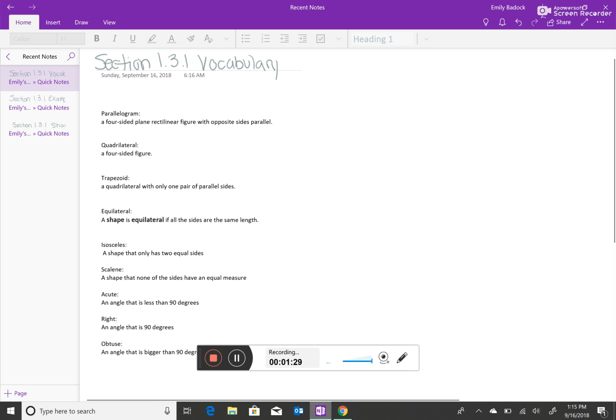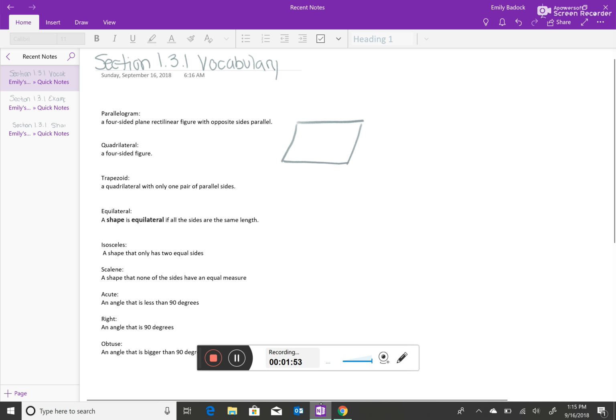A parallelogram is a four-sided plane linear figure with opposite sides parallel. So essentially it's basically a rectangle with opposite sides that are parallel. It doesn't necessarily always have to be a rectangle, but this is one figure that it could look like.